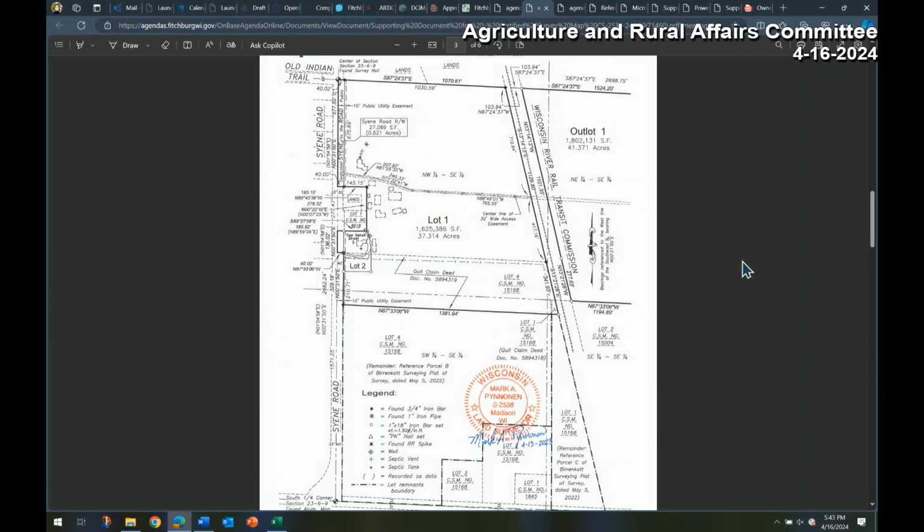There are no significant changes. It's creating 2 lots and 1 outlot. The zoning has already gone through, but it's conditioned on approval of the CSM.